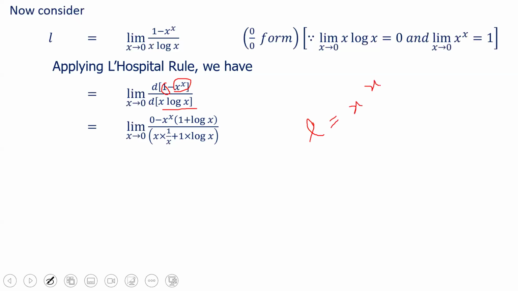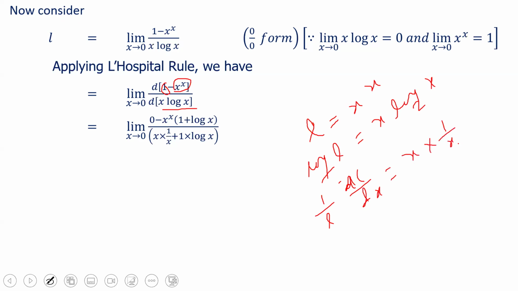If we take log on both sides, log of L is equal to x log x. Now if we differentiate it, 1 upon L dL upon dx is equal to x times the derivative of log x, which is 1 upon x, plus the derivative of x, which is 1, into log x.